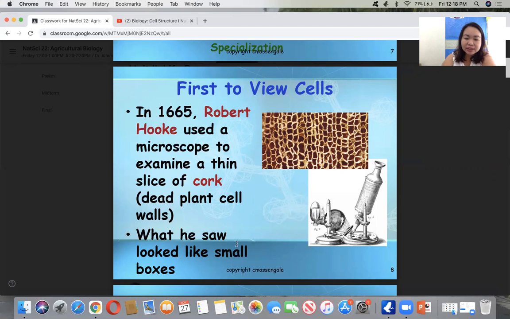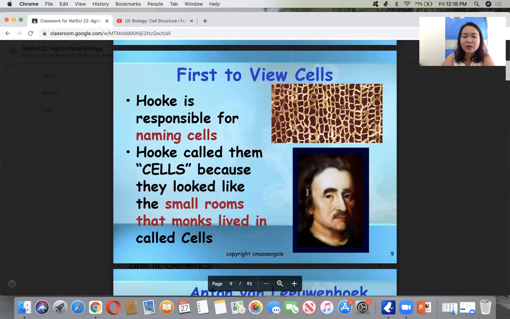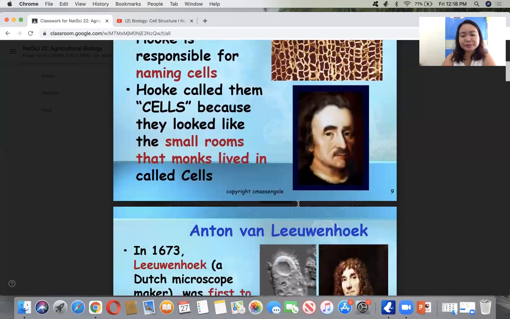What he saw looked like small boxes, as shown in the figure here. Using this very simple microscope, Hooke is responsible for naming the cells. He called them cells because they look like the small rooms that monks live in, called cells. Very interesting.